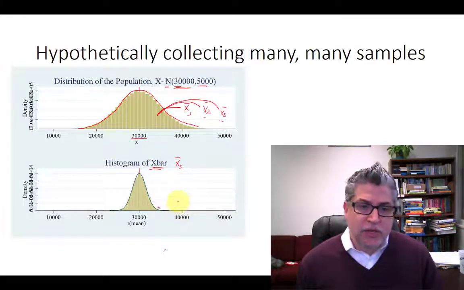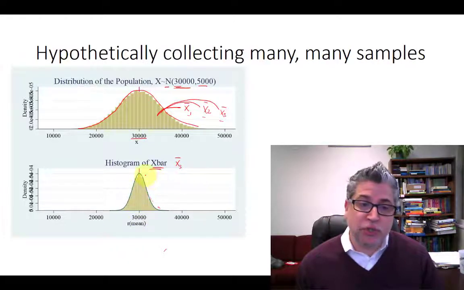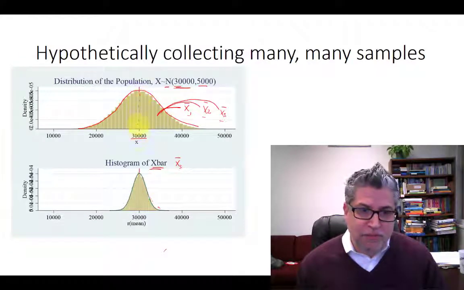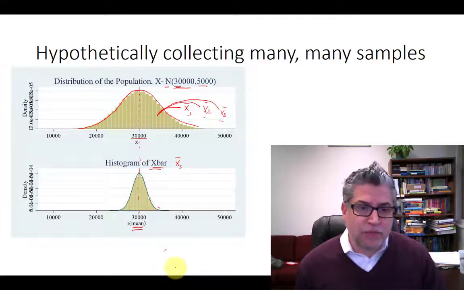Now, one thing I'd like you to notice is that this second distribution, the distribution of sample averages, is centered right over the same number. They're both centered over 30,000. Now that's kind of critical.